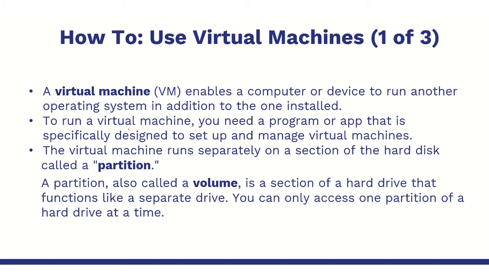For example, you can have a Windows operating system, but then you can install a virtual machine. A very popular virtual machine is Oracle VM VirtualBox. Let's see if I can find it.